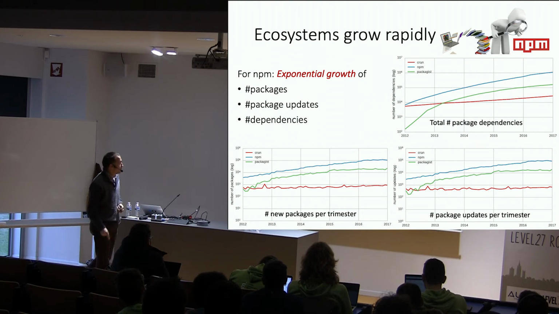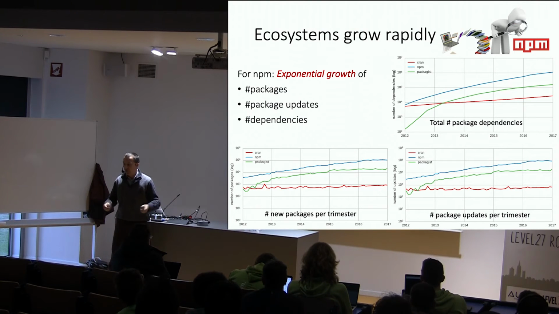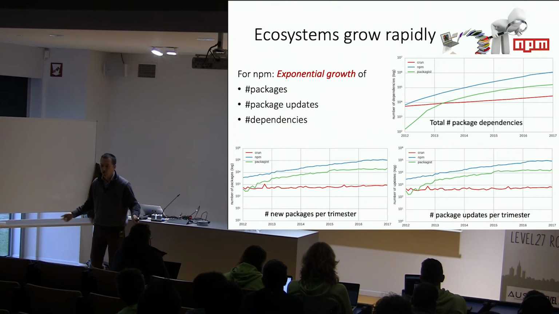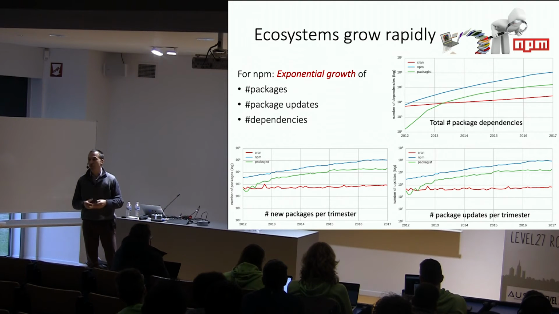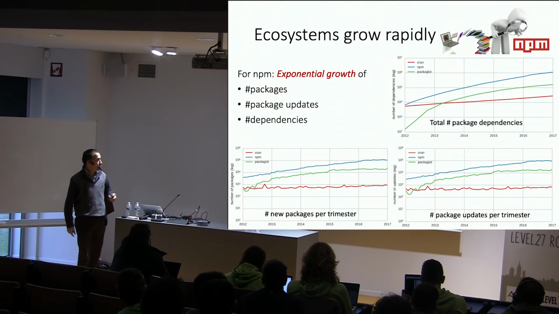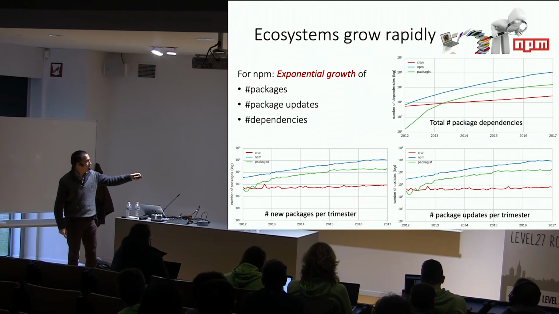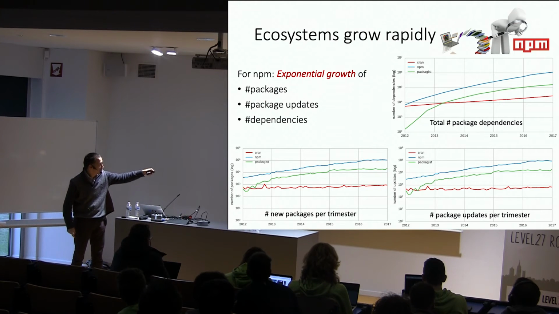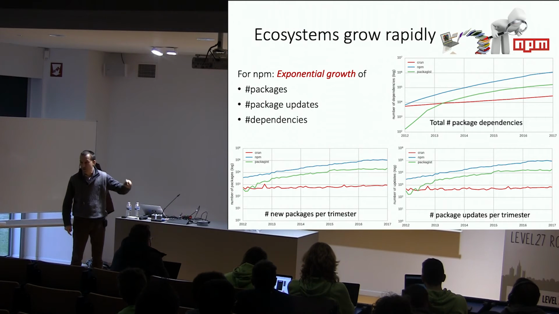So the growth of the ecosystem: I said there is increasing complexity. That's one of the famous laws of software evolution. Whenever you continue maintaining your software, it will continue to grow in size and complexity, and it will be reducing in quality. Here we find clear evidence of this. There are 3 graphs here showing the growth with different metrics, but you should notice that the y-axis is in logarithmic scale.